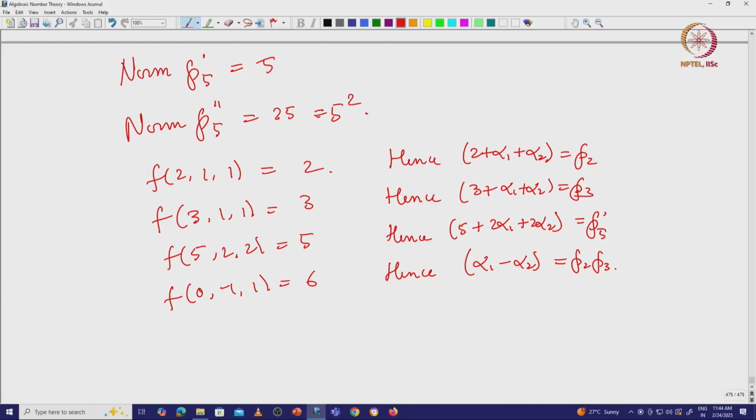Right. Okay. So, having done all this, what is the use of all this? So, hence what we have proved is the following. You compute the Minkowski bound. So, the Minkowski bound for k is 7, or less than 7 in fact, right.